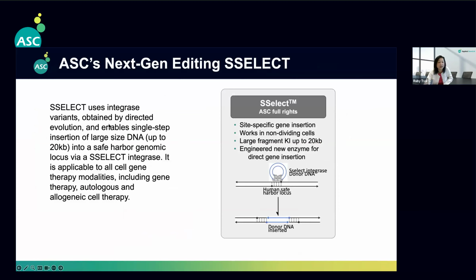SELECT is basically an upgrade of TARGATT, in which we have evolved the integrase enzyme to identify integrase variants. And these variants can recognize human sequence. They don't just recognize the attP site, but they actually recognize natural human genomic sequence. So this allows single-step insertion of large-size DNA, right, up to 20 kb.